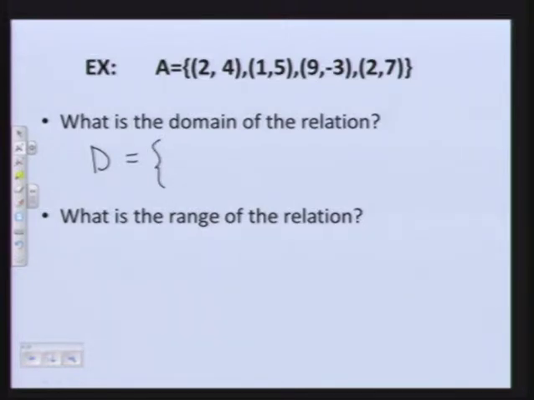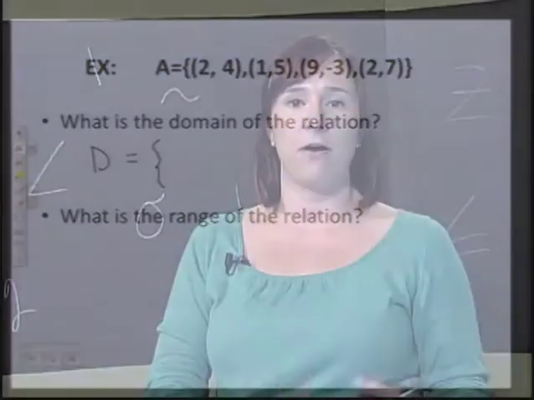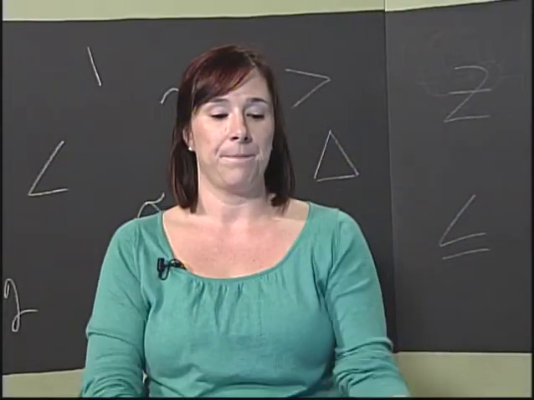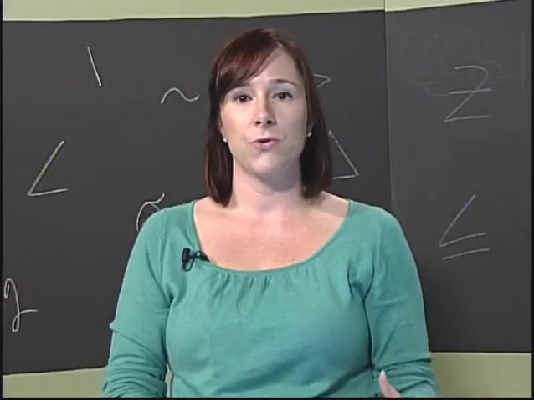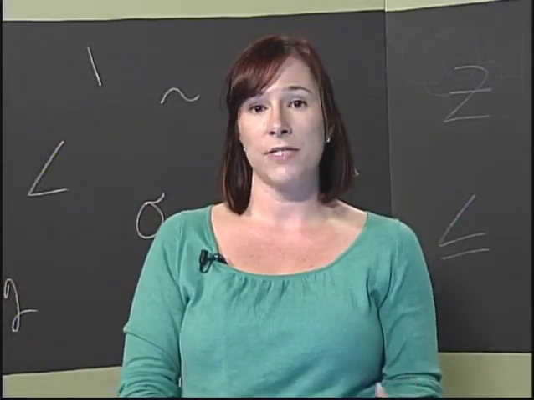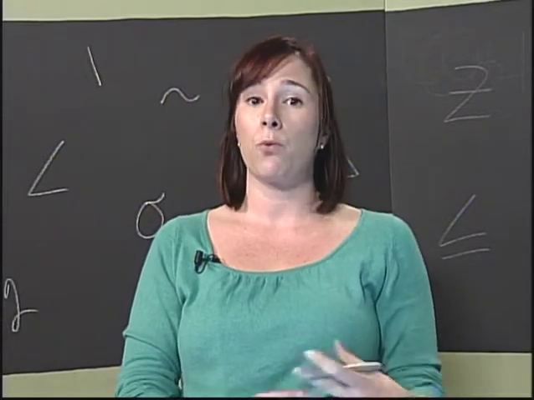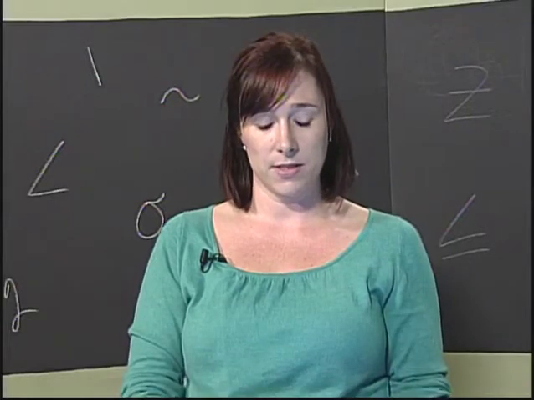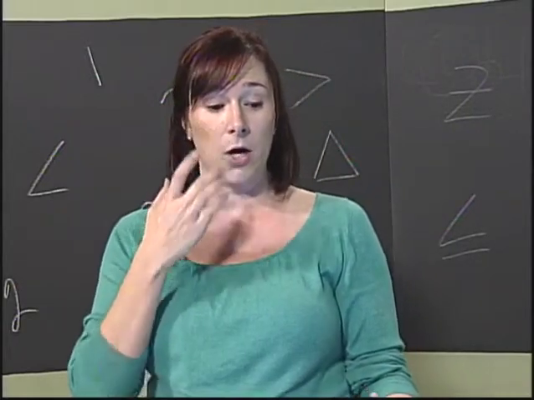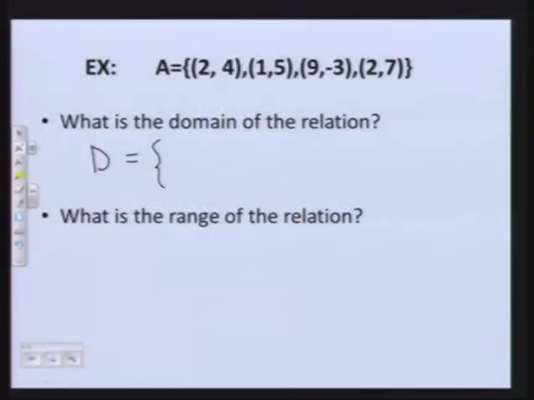A few things: you want to make sure that you don't repeat any of your values. It's unnecessary if you have any values that are the same in the domain. You don't need to repeat them. Also, order doesn't matter. We get used to writing things smallest to largest. That's perfectly okay. But really, when you have a set, you're just listing the elements, so the order makes no difference.